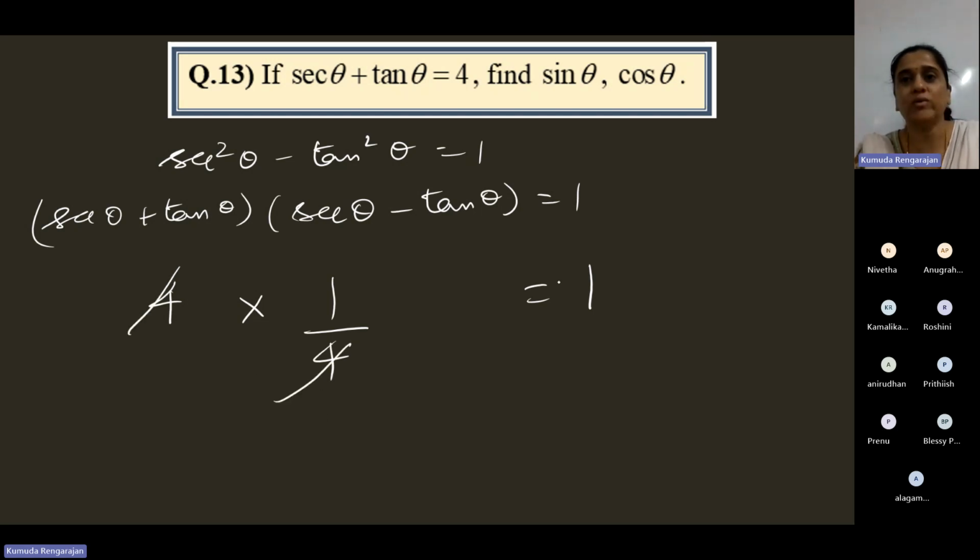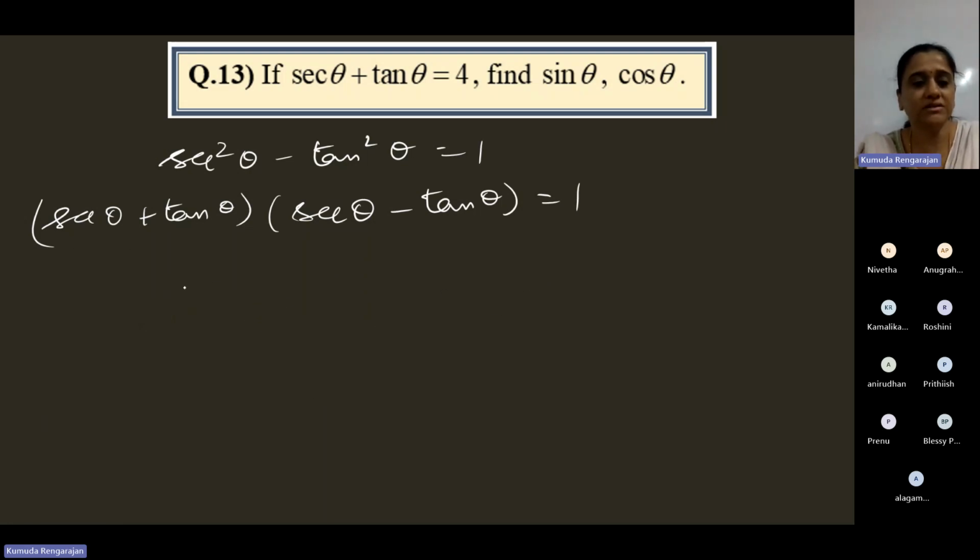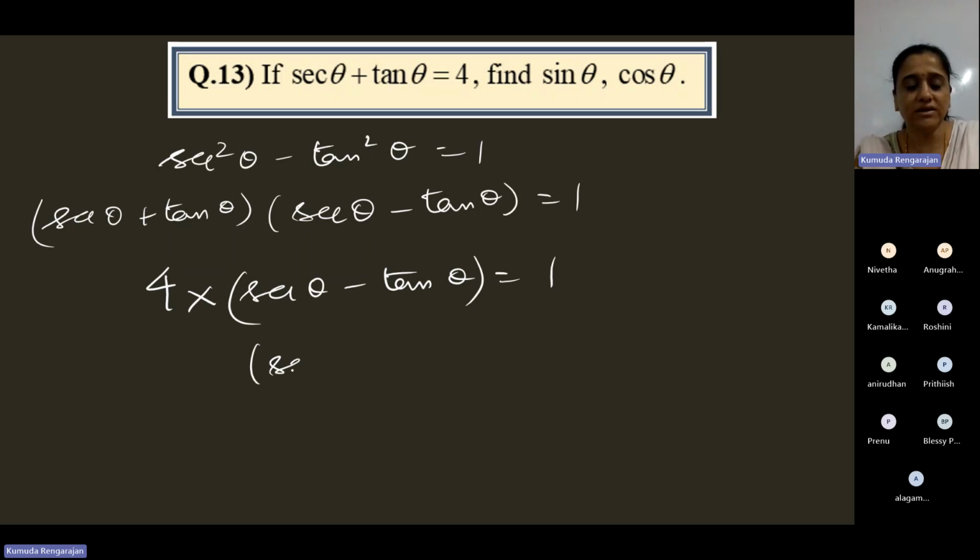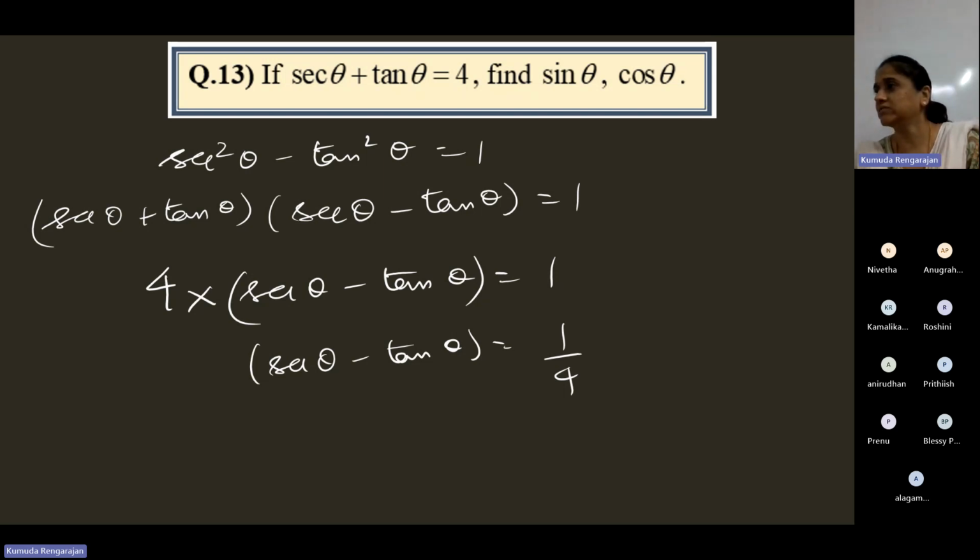Then only the product is 1. Otherwise, you can solve it like this. Secant theta plus tan theta, 4, into secant theta minus tan theta is equal to 1. So secant theta minus tan theta is equal to 1 by 4. 4 will go to the other side for division, so 1 by 4. You can solve it like this and find it.